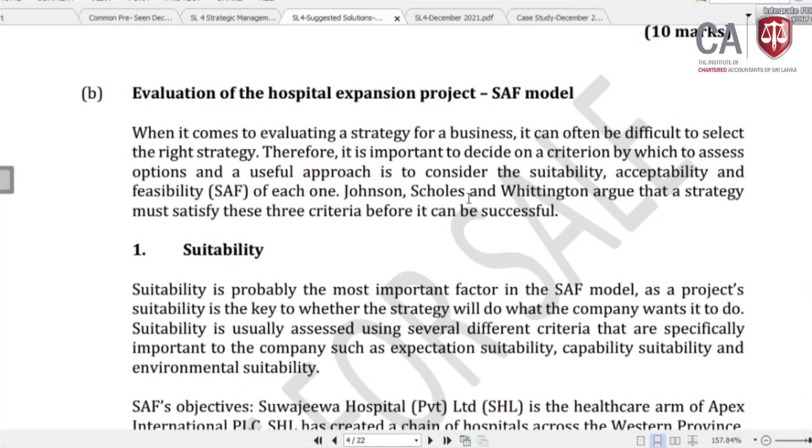Therefore, it is important to decide on a criterion by which to assess options, and a useful approach is to consider suitability, accessibility and feasibility of each one. Those were introduced by Johnson, Scholes and Whittington in their strategic management book, Exploring Corporate Strategy.